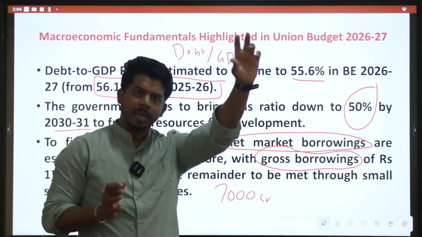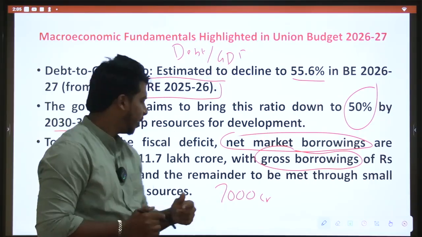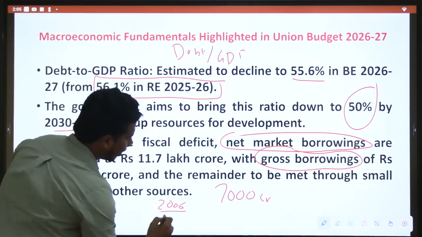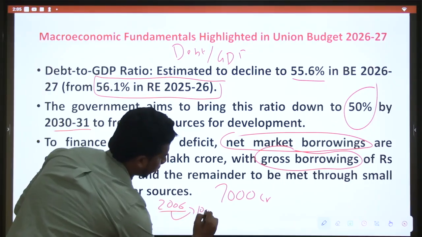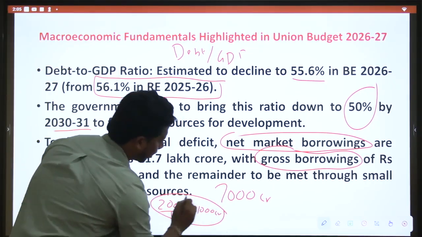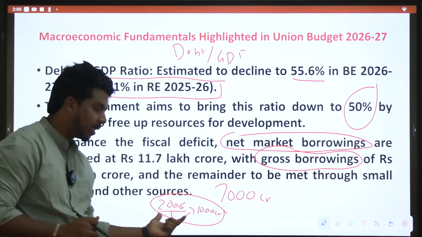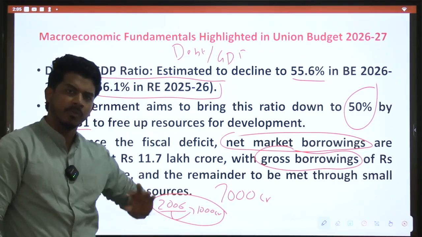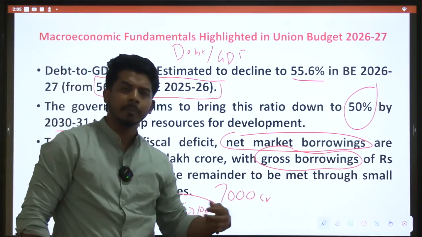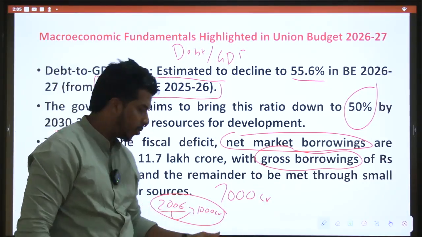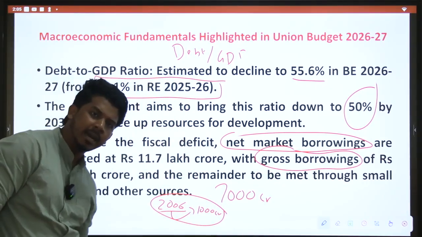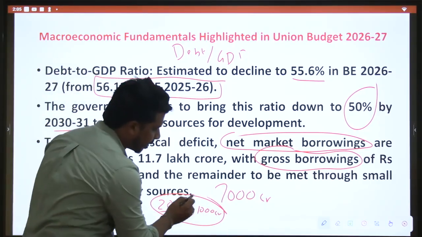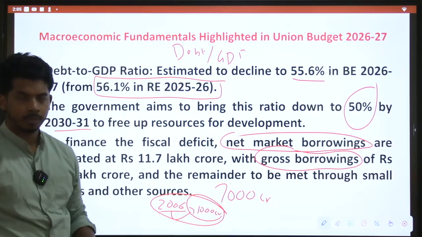There may be a past loan. Let's say in the year 2006, the Government of India took a 1,000 crore loan for 20 years. For 20 years, the Government of India paid interest every year. Now the maturity period has ended. So in 2026, the Government of India has to pay back this principal of 1,000 crore.